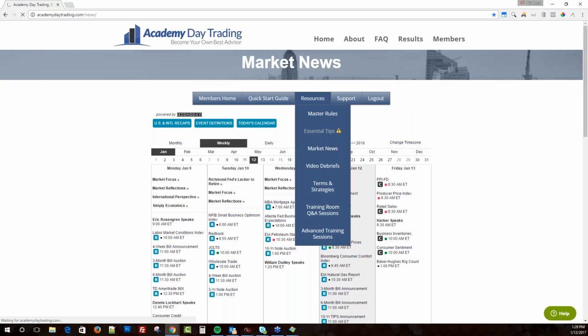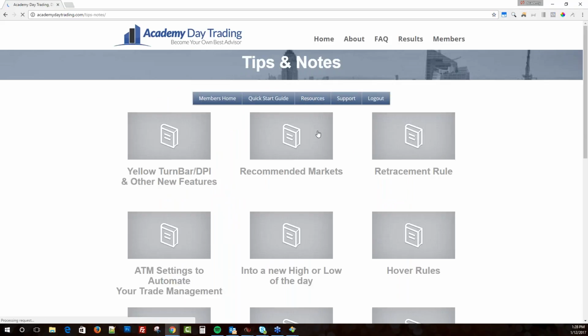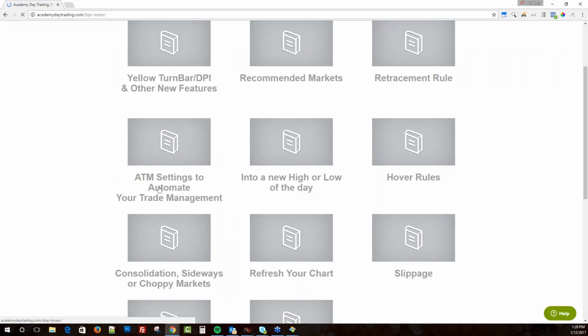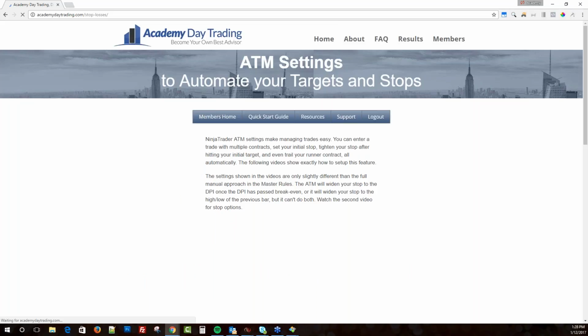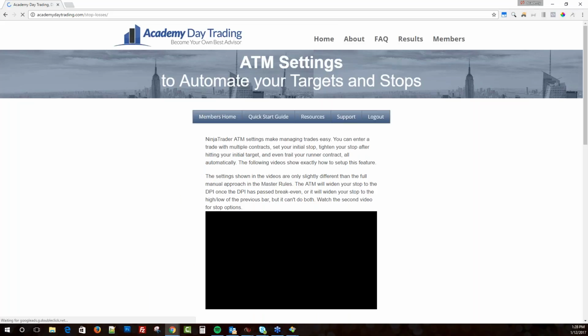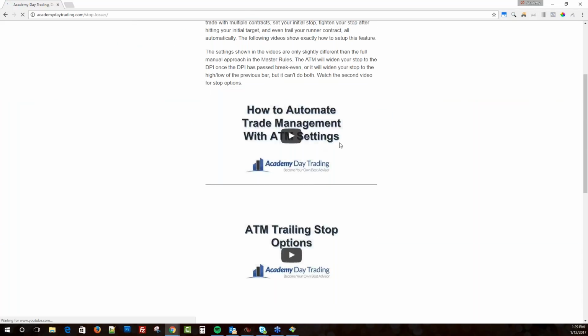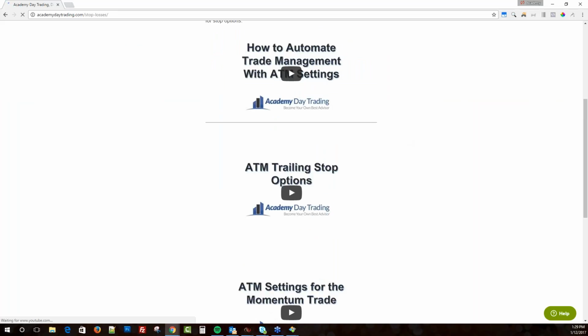And as far as the ATMs, Jennifer, you can go under Resources, Essential Tips, and ATM Settings to automate your trade management. And this will walk you through, there's a couple of videos that will walk you through how to set these up in the NinjaTrader Dome. We can see there. There you go. So there's one for our regular trade setups, like the continuation single T with the 8-tick profit target and 22-tick stop.